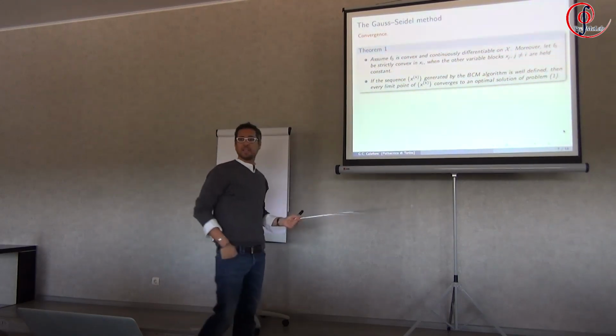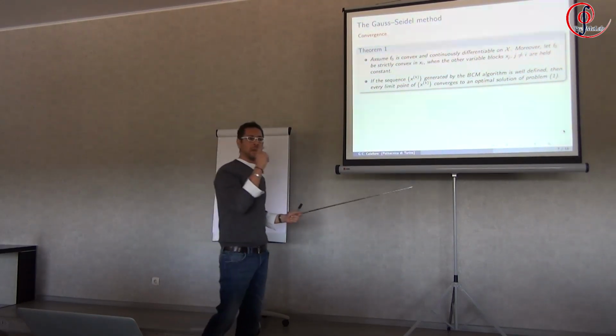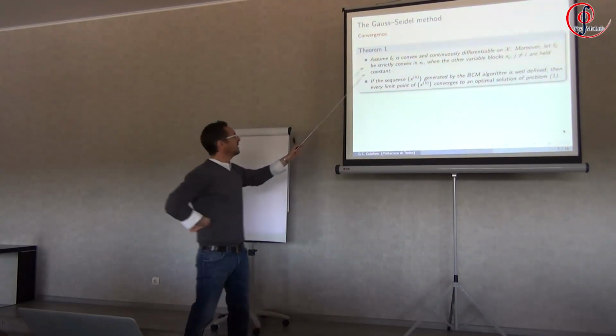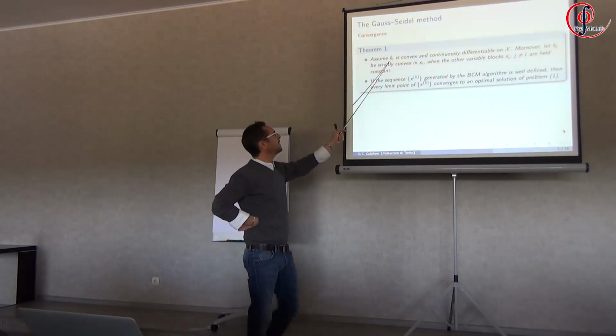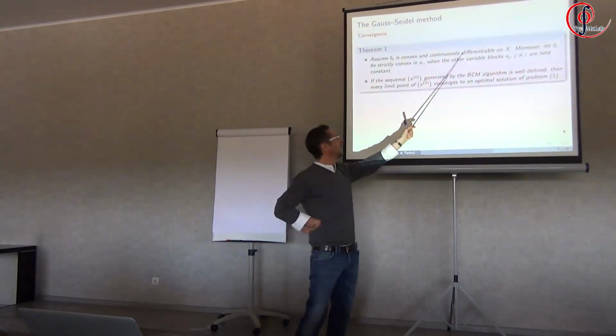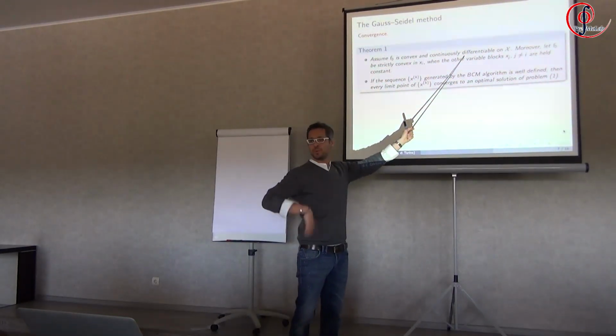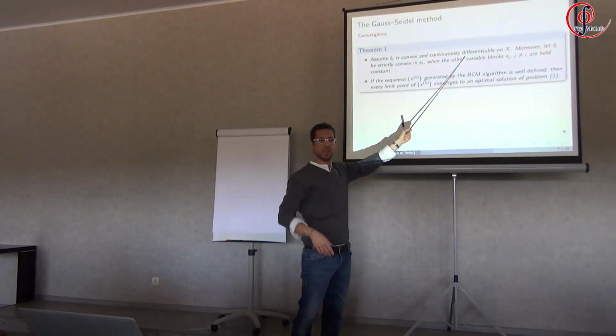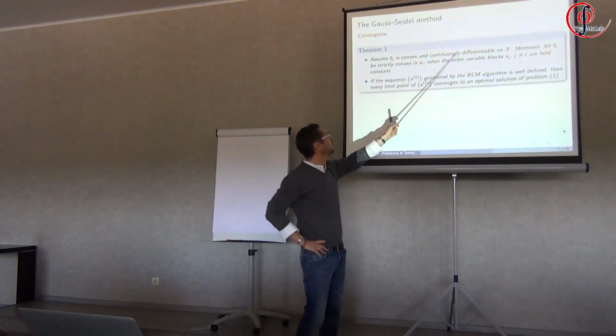There is one advantage in doing this sequentially: at least if the function that I'm minimizing is convex and continuously differentiable, so it is smooth, there is a gradient that I can compute on the function.